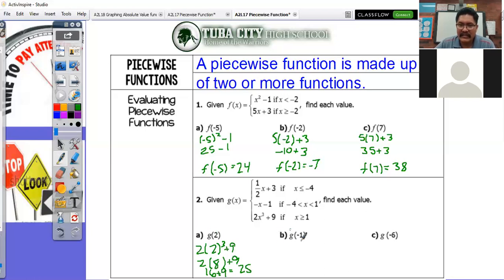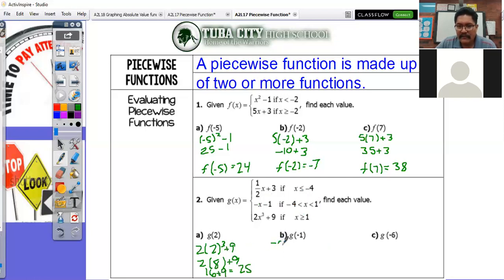So in this case here, it's G of -1. So I have to find out which one of these it belongs into. It's not greater than 1, and it's not less than -4, so is -1 between -4 and 1? Yeah, it is. So I'm going to plug it into this function here. Again, use this function if the x value is between -4 and 1, is how you would read that.